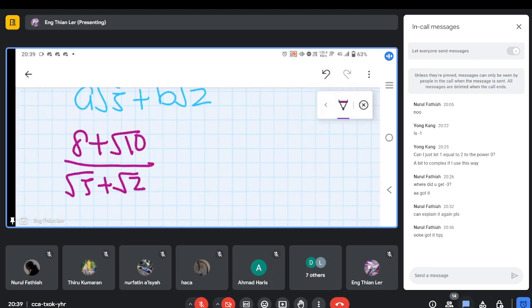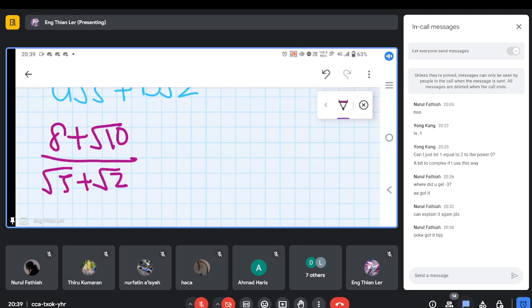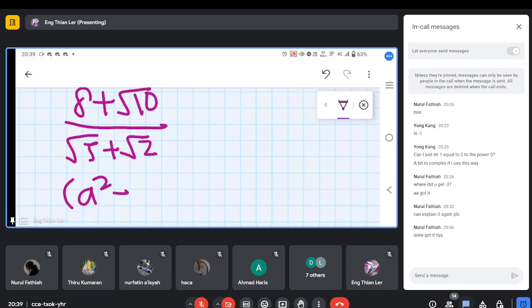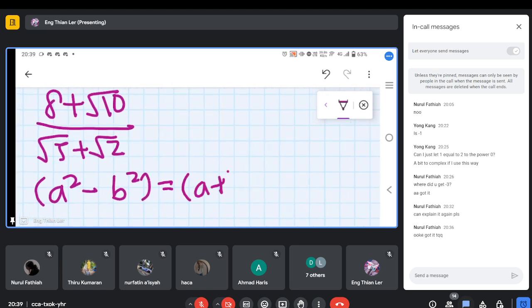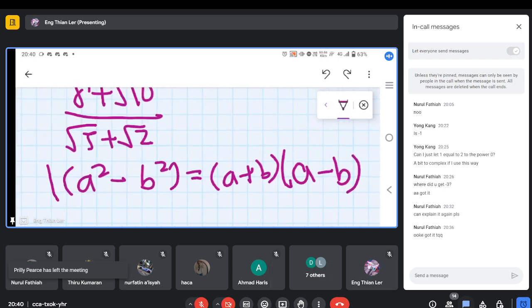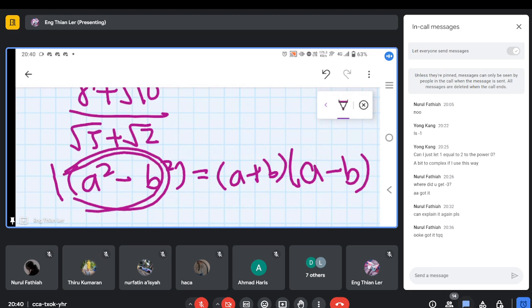Now the hard part is we need to rationalize. We need to find the conjugate. To get the conjugate, if we multiply, we must get a square minus b square, not a square plus b square.